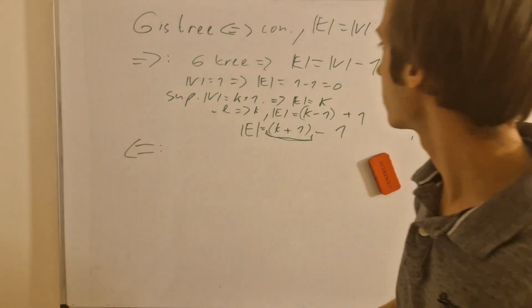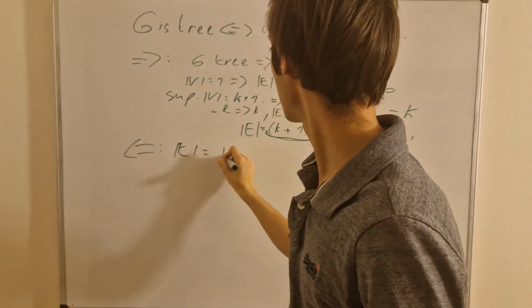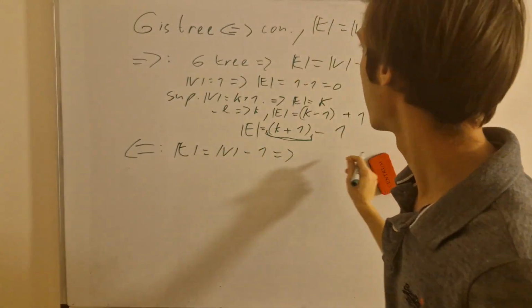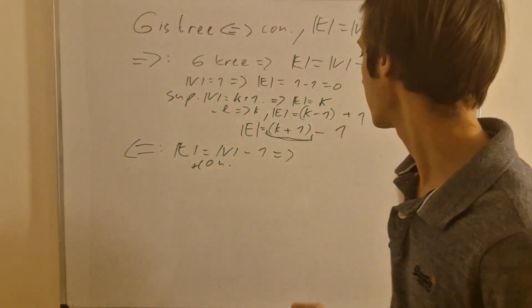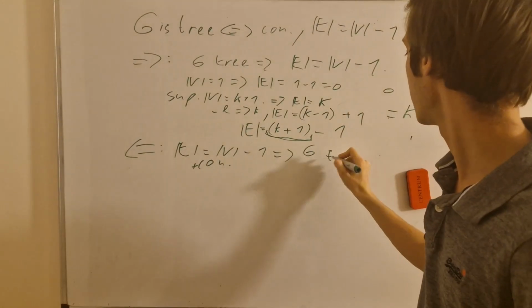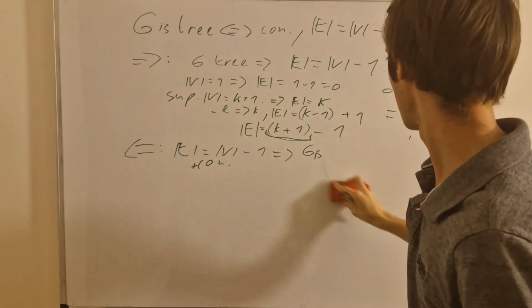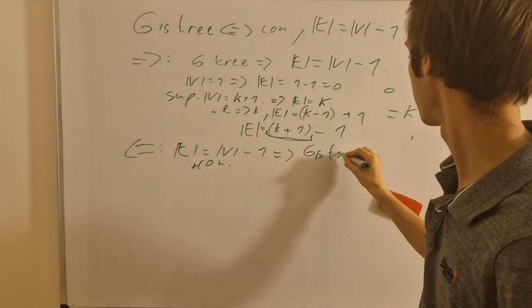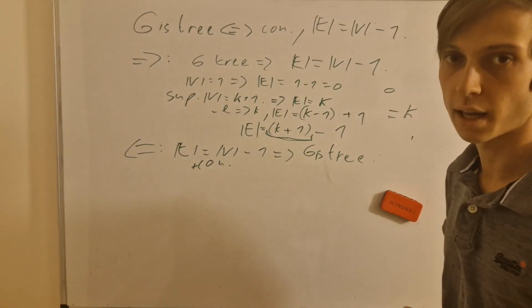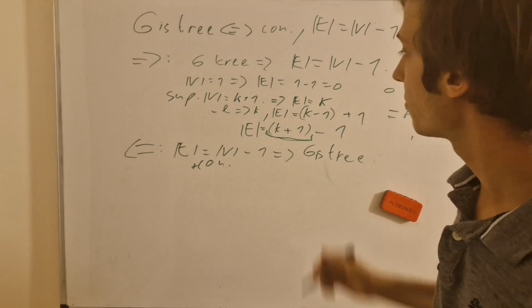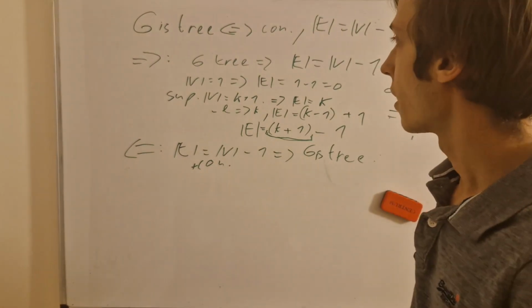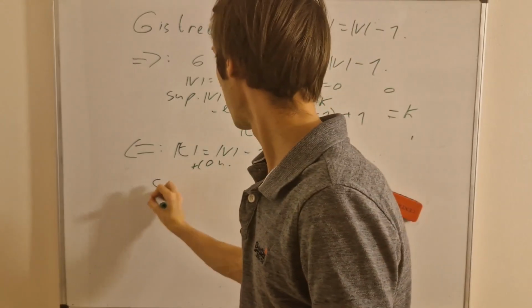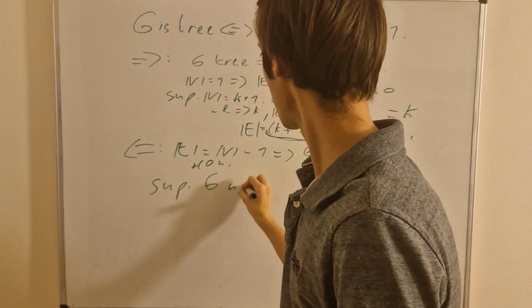For the other direction, if this is the case and it's connected, that implies G is a tree. Let's look at this proof. Let's suppose the contrary, to get a contradiction. Suppose G is not a tree.